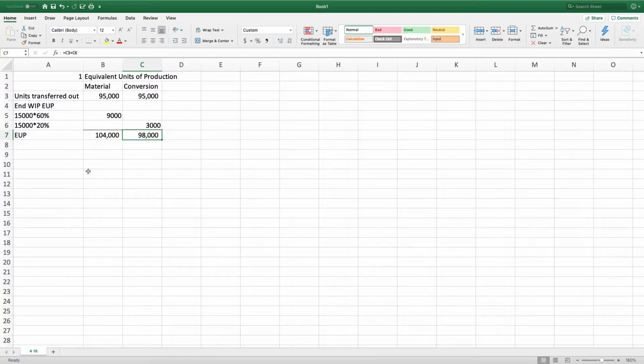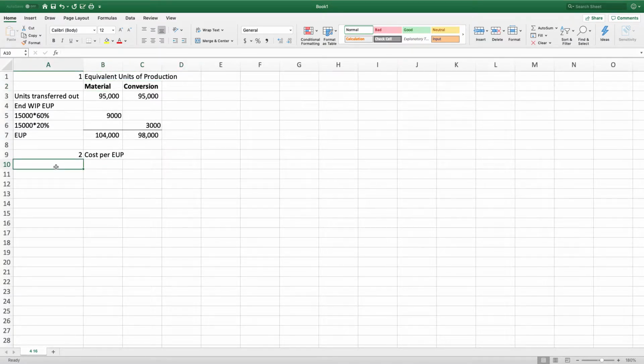No problem. Okay, so step 2. We need to calculate the cost per equivalent unit, and I'm just going to abbreviate EUP to make it a little simpler. We have the same thing with respect to material and conversion costs.